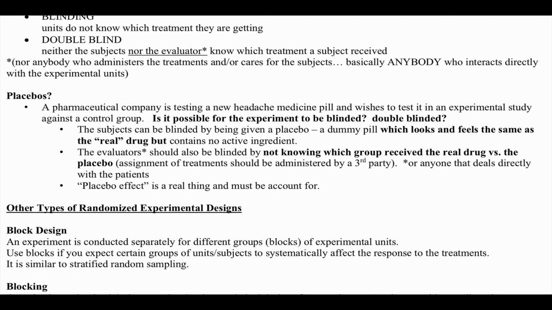The subjects can be blinded by giving a placebo, a dummy pill, which looks and feels the same as the real drug, but contains no active ingredient. So it's not going to do anything to you, right? It's like a water pill. If it's a capsule pill, it's filled with water, right? If it's an actual hard pill, it'll be like a sugar pill. It won't be anything that does anything to your system.